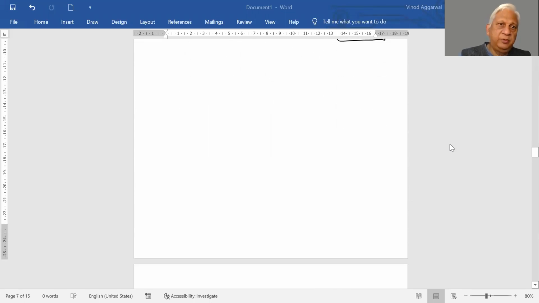Now, can we produce waves only by clamping a string between two supports rigidly? Not necessarily. We can produce them by clamping at only one place and leaving the other end free. So if we do this, what are the modes in which the string can vibrate? One is it vibrates like this.